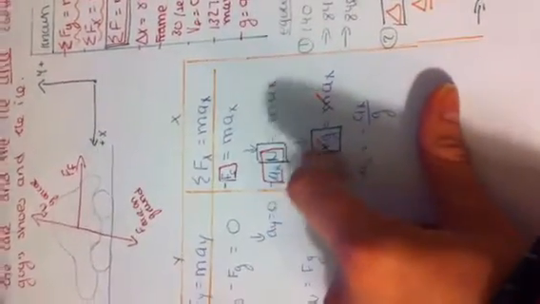So we substituted this, which is mu k times the normal force, which is equal to friction. We did it again, normal force equals mg, so that way we could cross out the m's, and we get a simple equation, which is this.